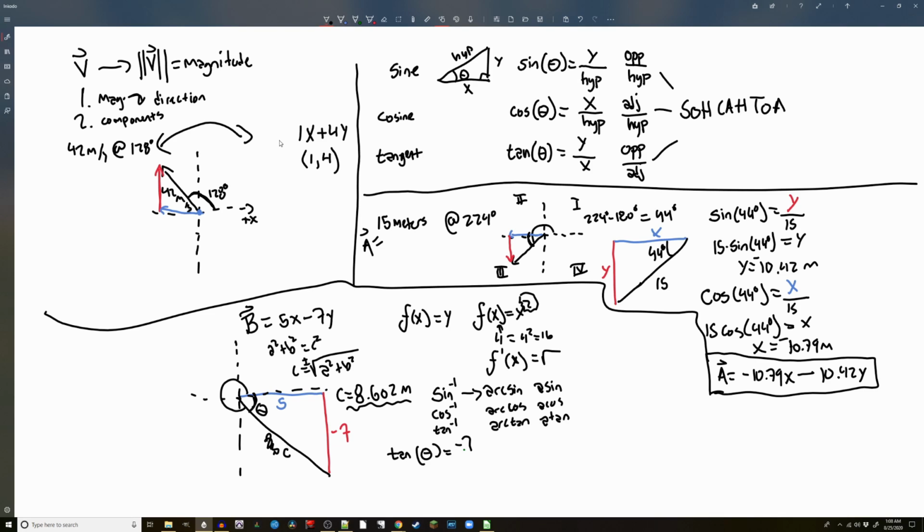So I'm going to say -7 over 5 is our tangent theta. In order to figure this out, we need to undo tangent of theta, and we need to undo it on the -7/5 here. We're inversing this function. So what we're doing is inverse tan of tan.